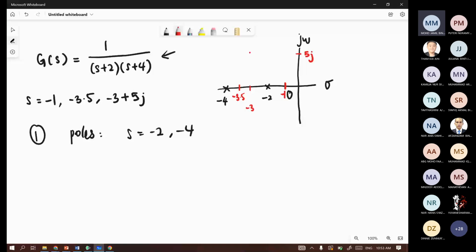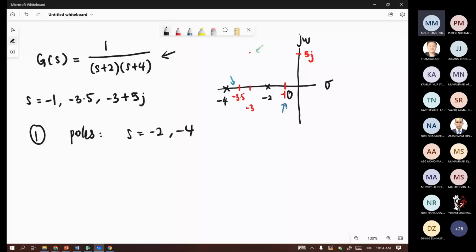From here, we know already that the point -1 is not on the root locus. We will learn more about this next week. But the points -3.5 and -3 + 5j will be on the root locus. But let's calculate, so let's prove by calculation.